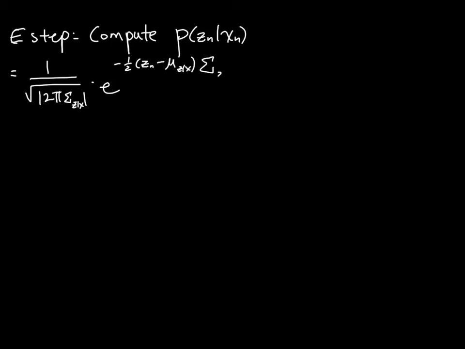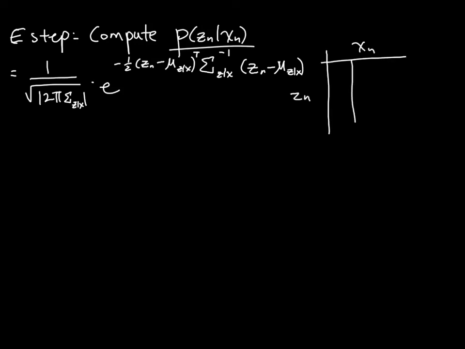And this is the probability of this thing. So we compute all of the zn's and we get some values. For each xn, you maybe have a bunch of zn's that you want to calculate, so you have zn on one side and xn on the other side, you calculate a table for it, and then you put the value inside here.